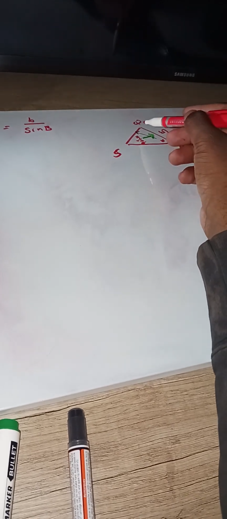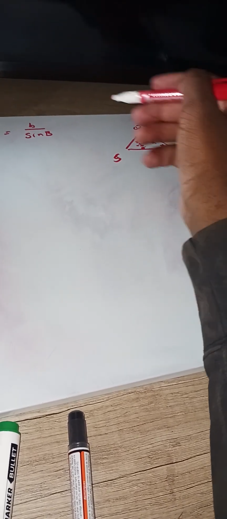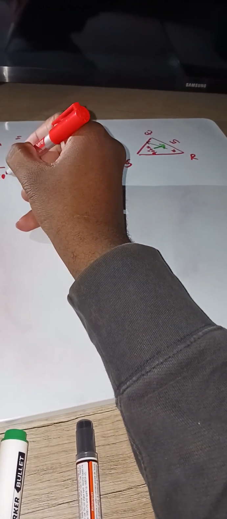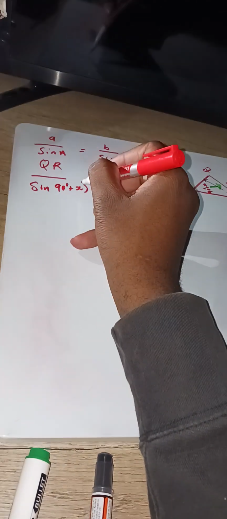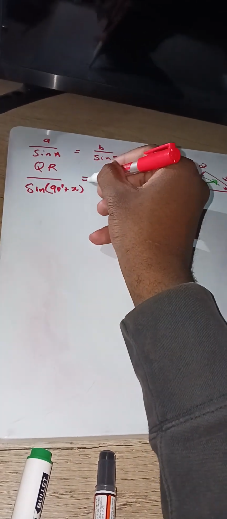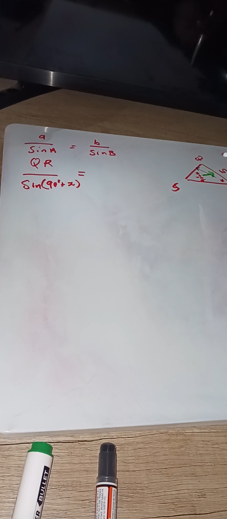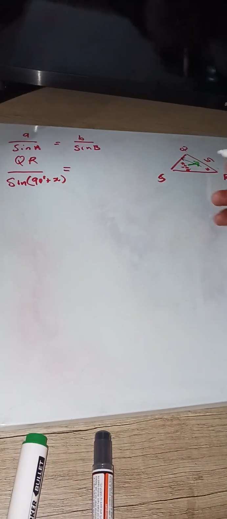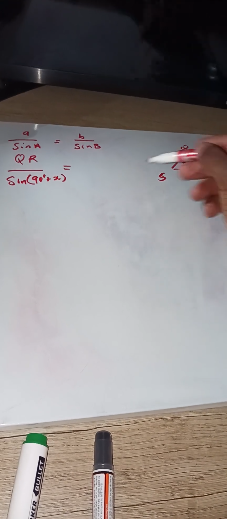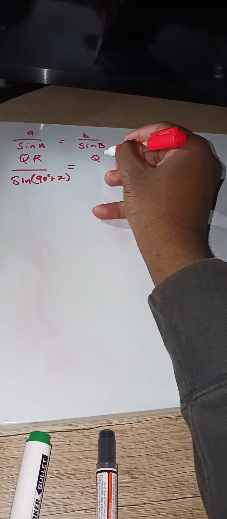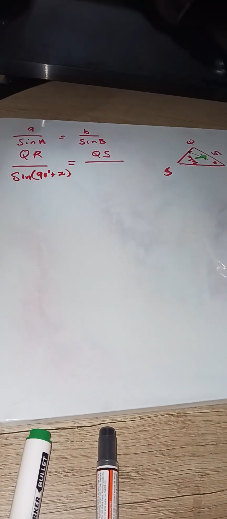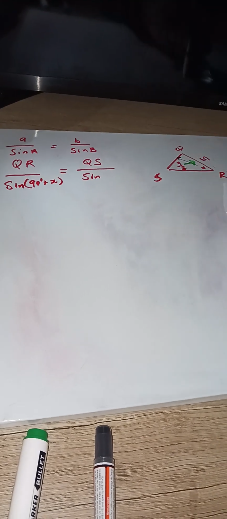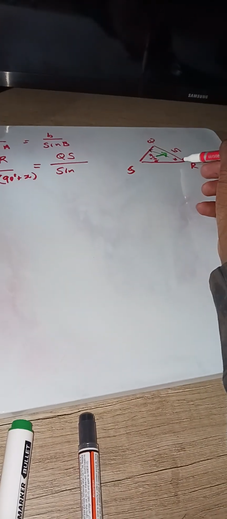Angle related to QR is the 90 plus X. So sine of 90 plus X, which is equal to QS all over sine of the angle associated with QS, which is our X value over there.